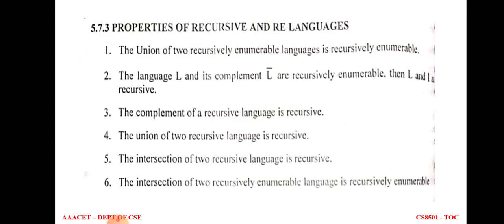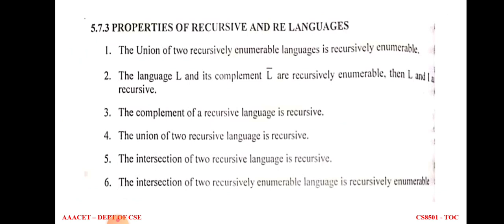The fifth property is intersection of two recursive languages is recursive. The sixth one is the same thing but for recursive enumerable. So intersection of two recursive enumerable languages is recursive enumerable. So first property and fourth property is union of recursive enumerable and recursive. Fifth and sixth is intersection of the same ones, recursive and recursive enumerable.